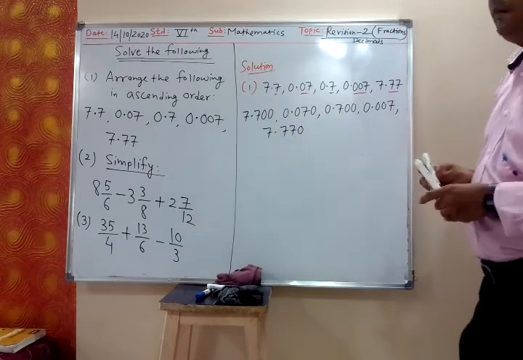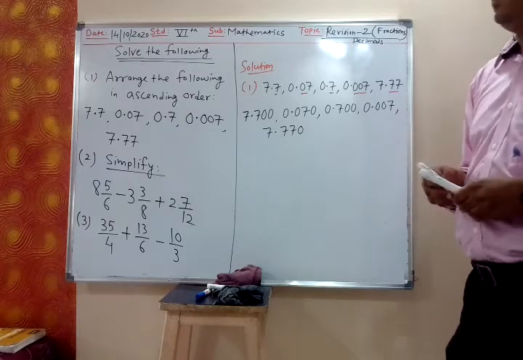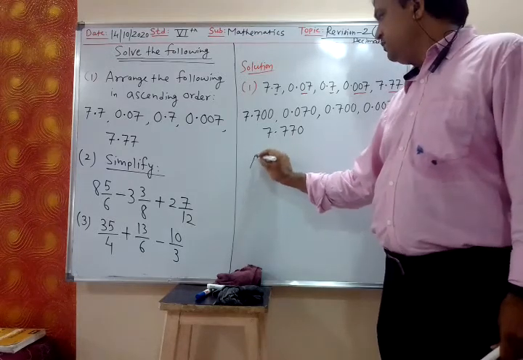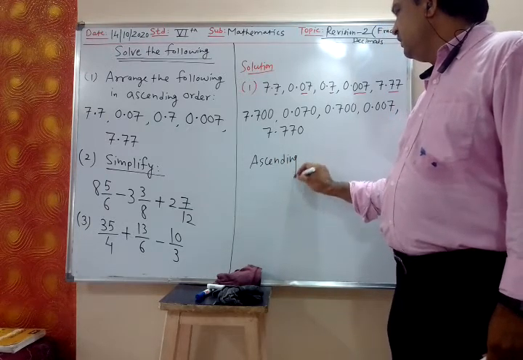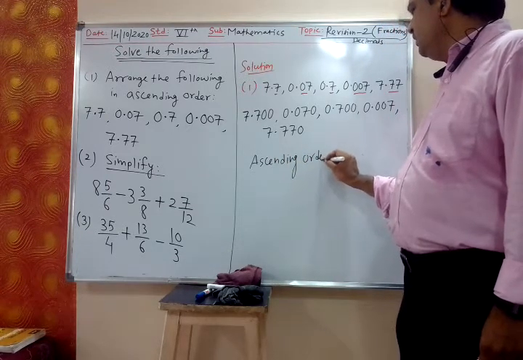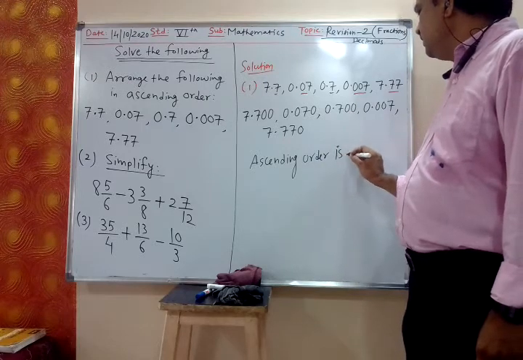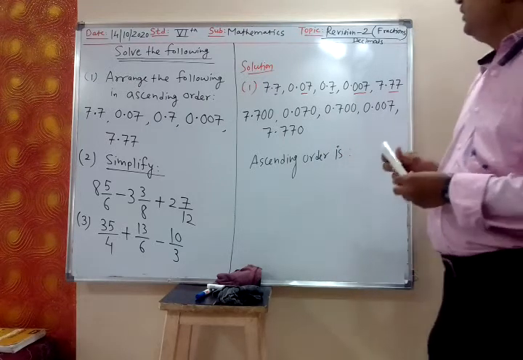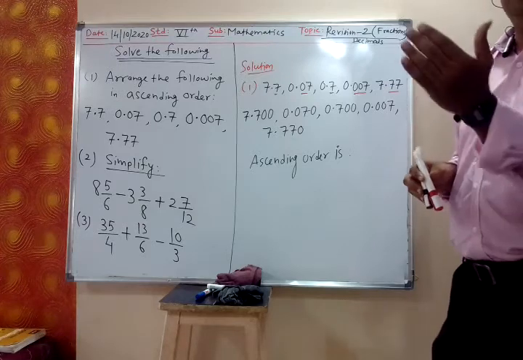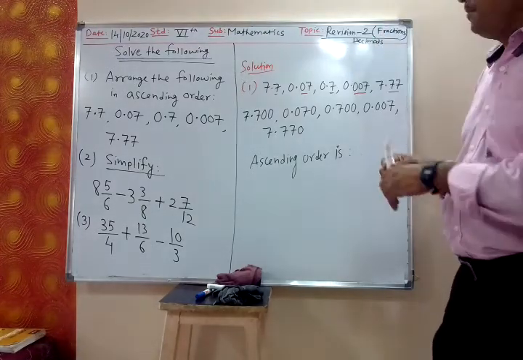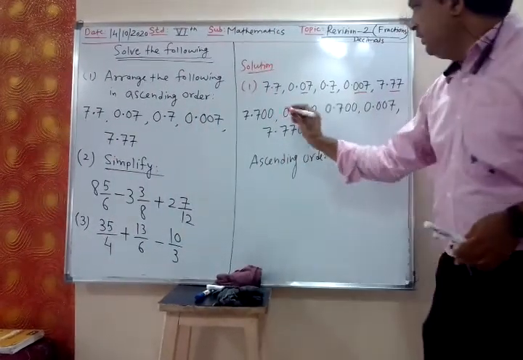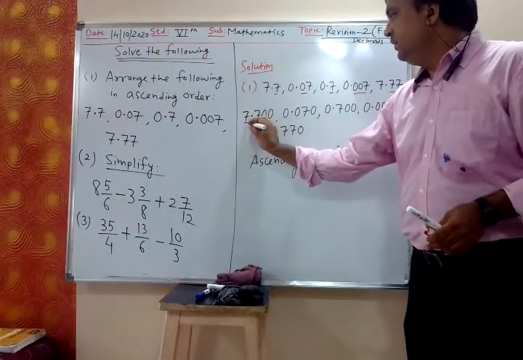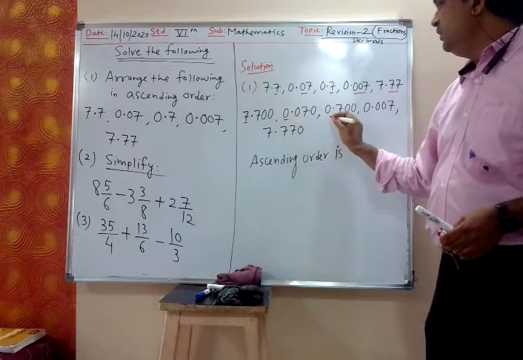Now we have to write them in ascending order. First you have to compare the digits from the left. Before the decimal it is 7, 7, 0, 0, 0.